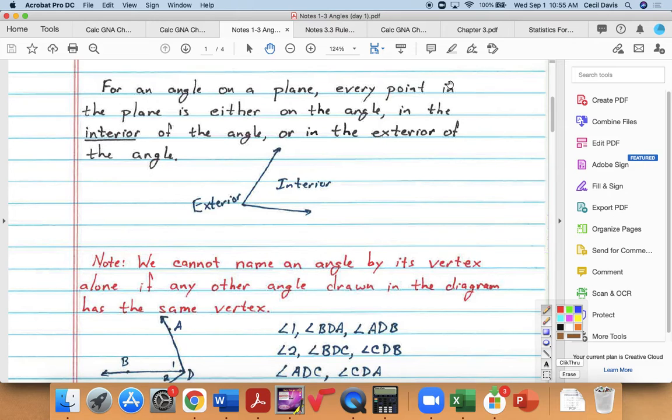So for example, if we put point A here, A is in the interior, B is in the exterior, and C is on the angle.